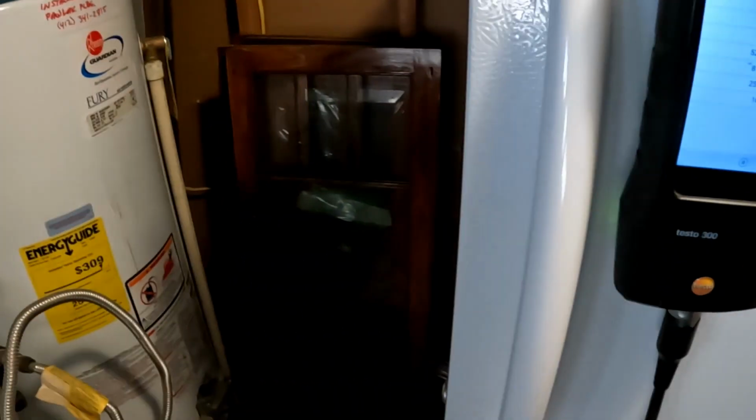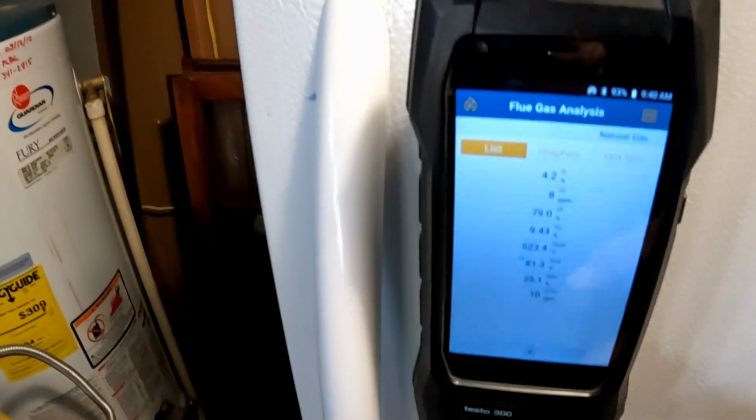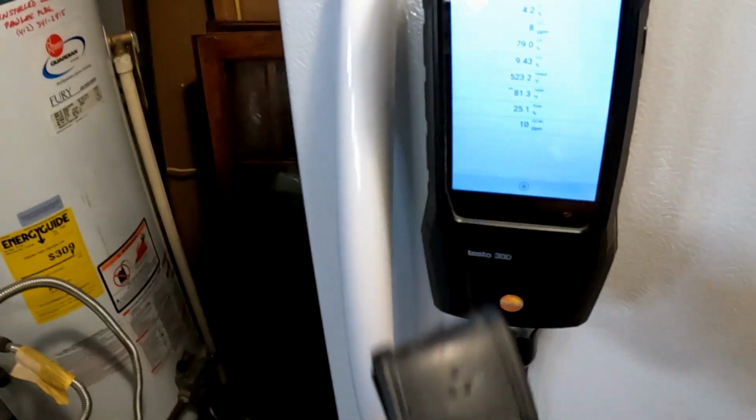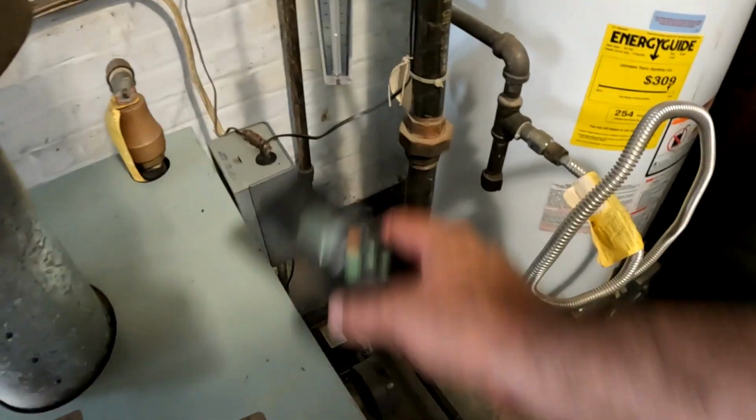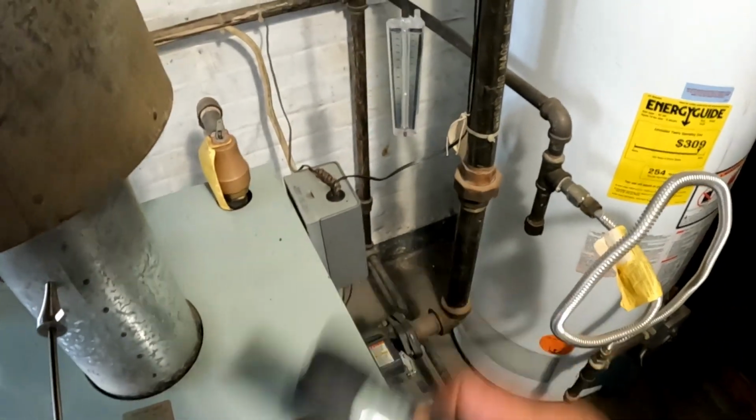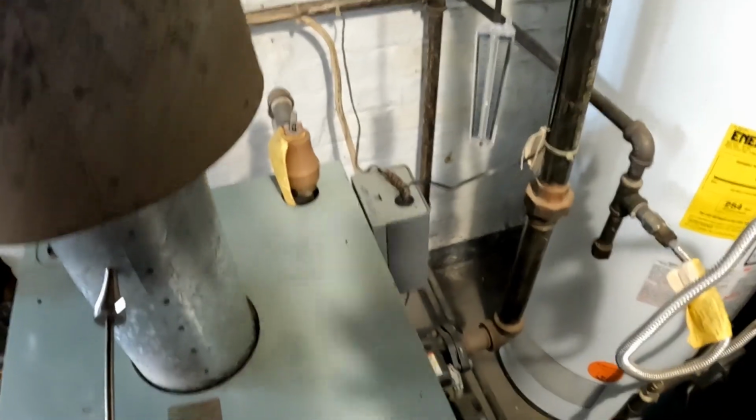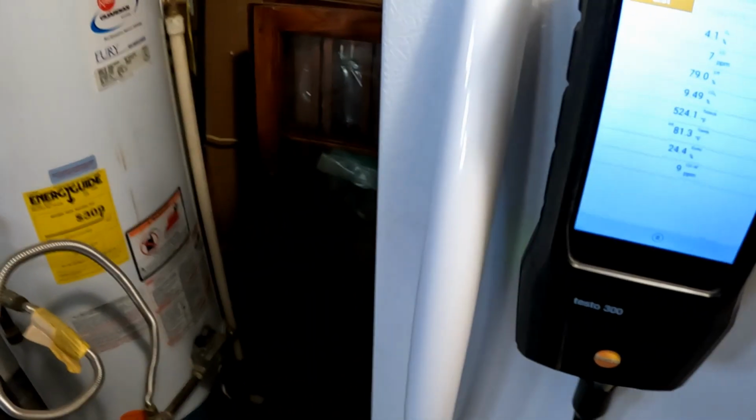I've seen people go around with this. People have called me. This is a handheld. What they're doing is going around the board to see if it's spilling. You want to eliminate all that by properly checking it with a combustion test.